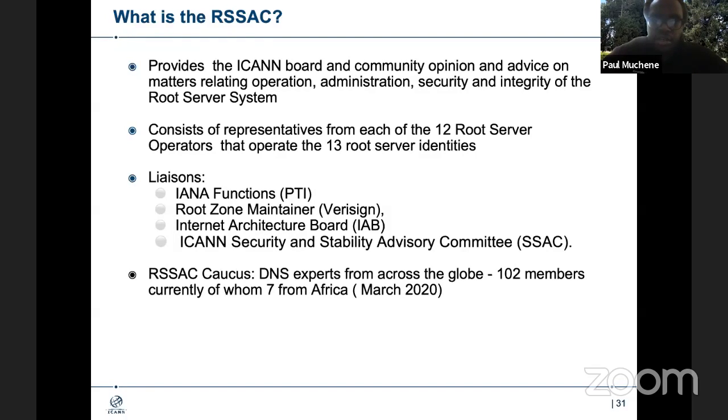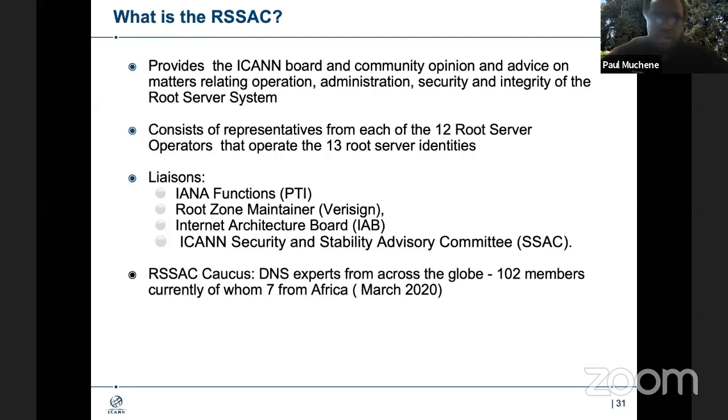And the last one is another ICANN constituency known as the Security and Stability Advisory Committee. In ICANN, there are actually three advisory committees: the RSSAC is one, the SSAC is another, and the last one is the GAC, the Government Advisory Committee, where governments are represented in ICANN.